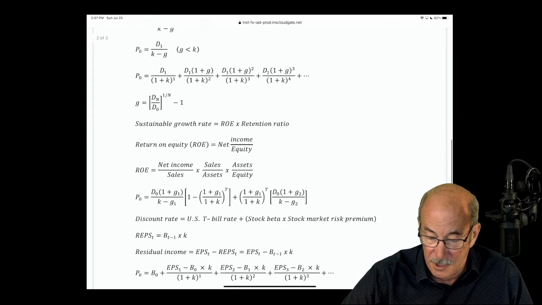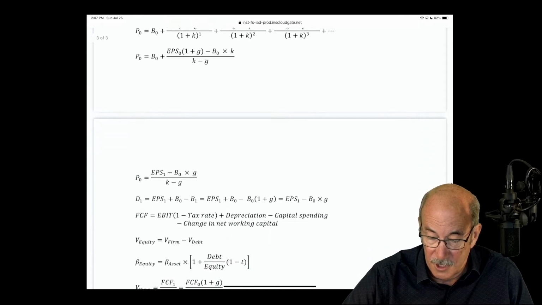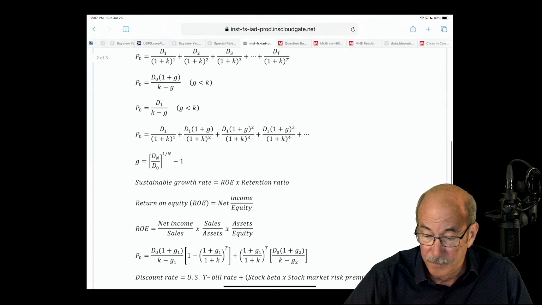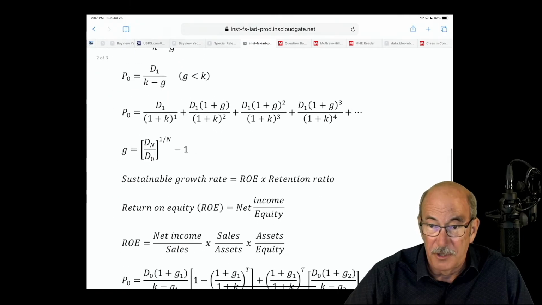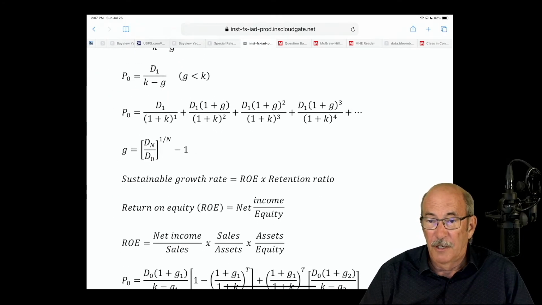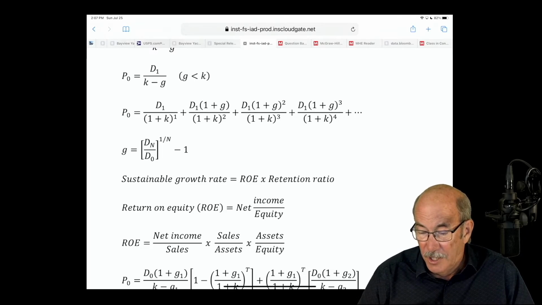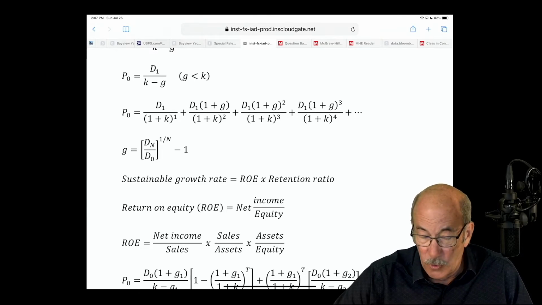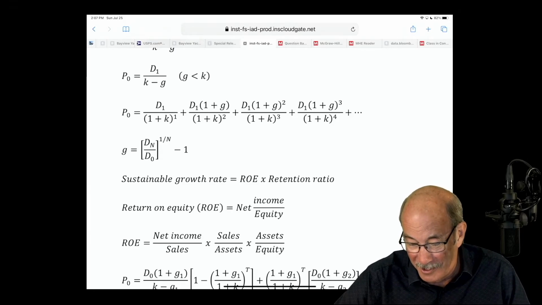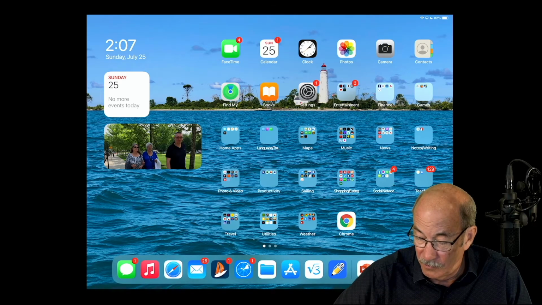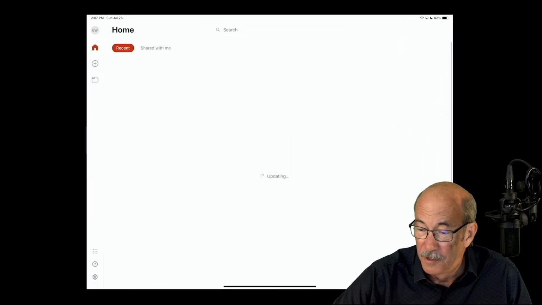So let's see. Where was that? We were calculating growth rates in chapter 6, right? Right here, you're thinking about this as sustainable growth rate? Yeah. Okay. So the retention ratio is simply 1 minus the payout ratio.